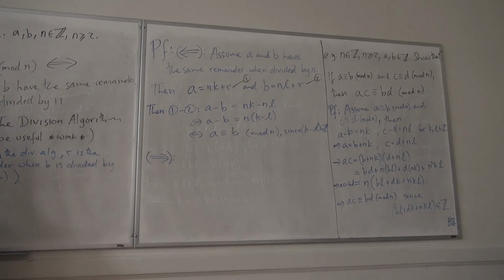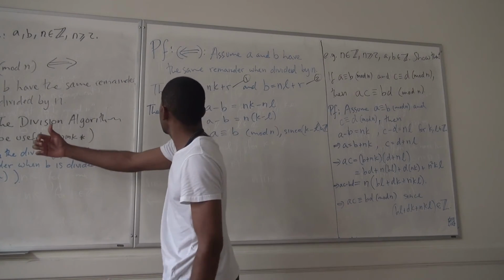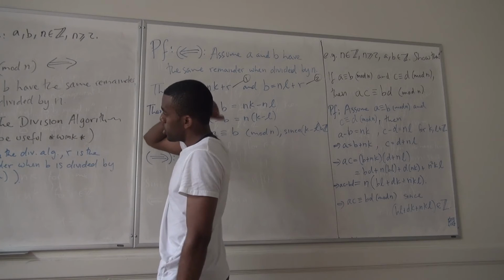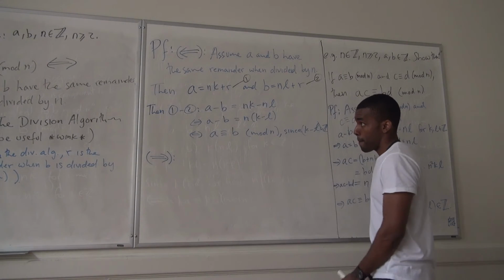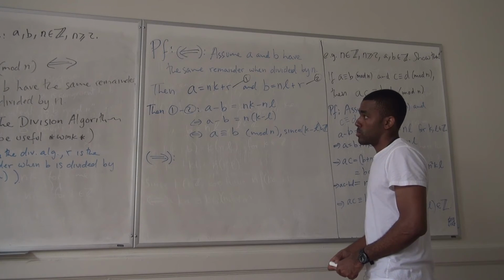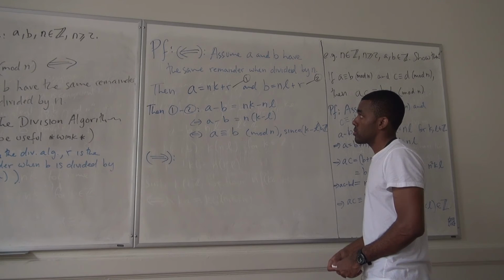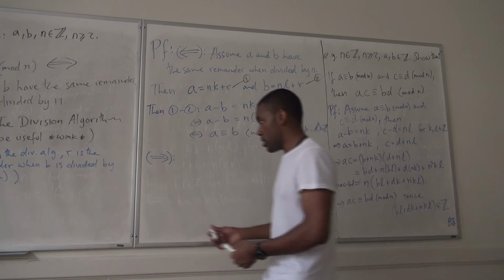All right, so now what? If we're going this way, would you do a direct proof or a proof by contrapositive?